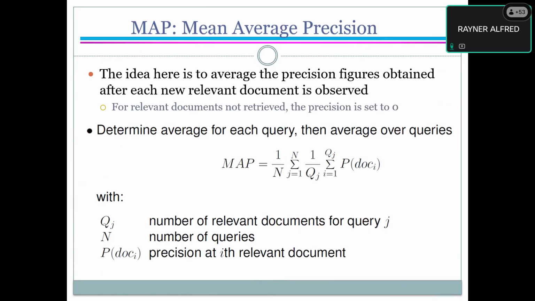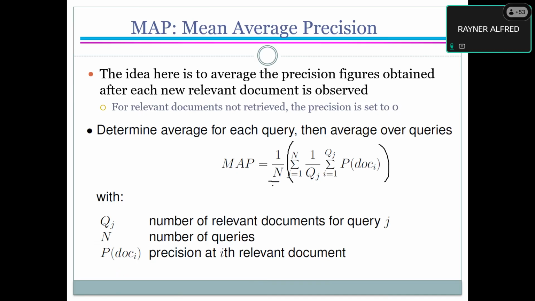Okay, so we are looking here, the first one is N. So what is N? N refers to number of query. Okay, number of query. So meaning that we will take the average.